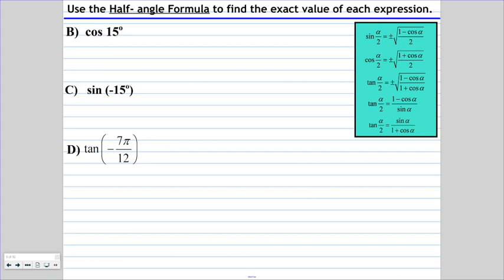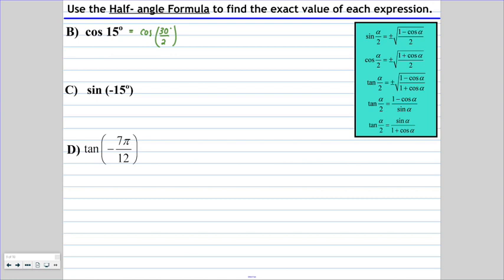So in this example, the cosine of 15 degrees, well, 15 degrees is also 30 degrees divided by 2, all right? And I know actually it's probably easier to express this as the cosine of 45 degrees minus 30, as A minus B. I like those better than using the half angle formulas, but today we're focusing on practicing the half angle formulas. So I'm going to use 30 over 2 here instead.